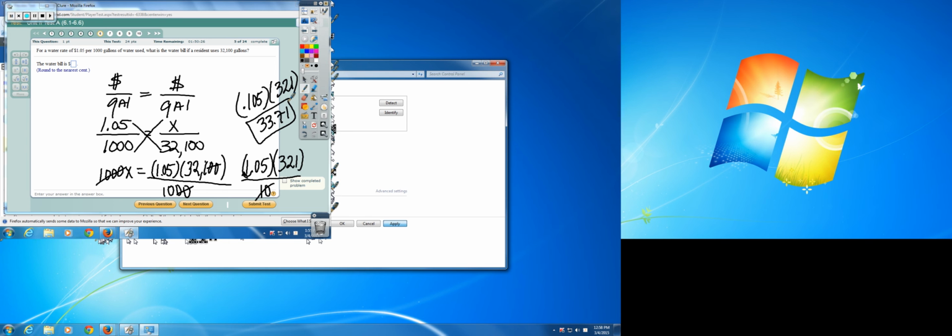Please don't write that as the correct answer, because not only is it wrong, but it's showing me you have no what? Common sense. If $1 gets you 1,000 gallons and you get 32,000 gallons, it should be around $32. So 33.71, if y'all didn't set me up and give me the wrong answer.